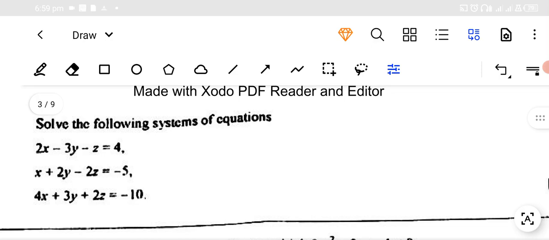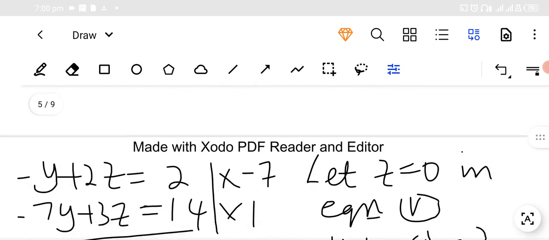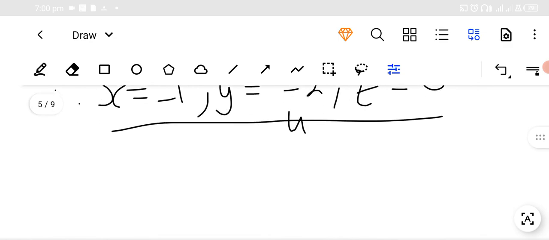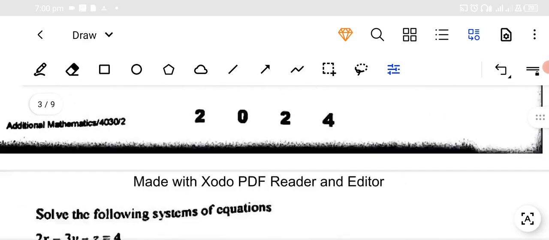You are going to have a negative 5. 4 multiplied by x, which is a negative 1, then plus 3y, which is a negative 2, then plus 2z, which is 0. Going to have a negative 10. So this is just one of the solutions to whichever method you would want to use. It gave this solution for this method, as you can see there.